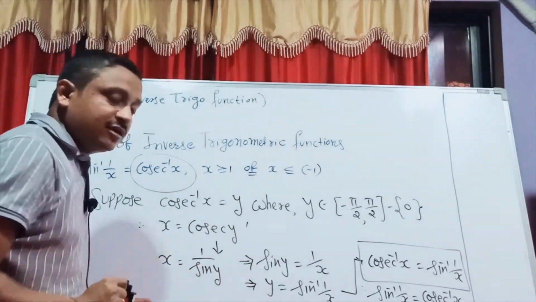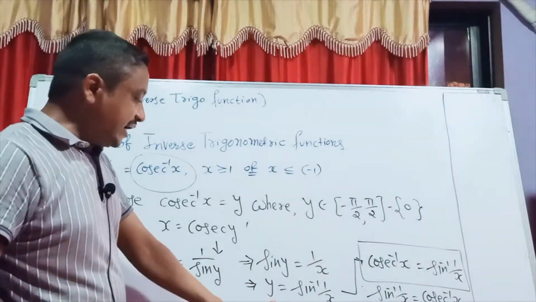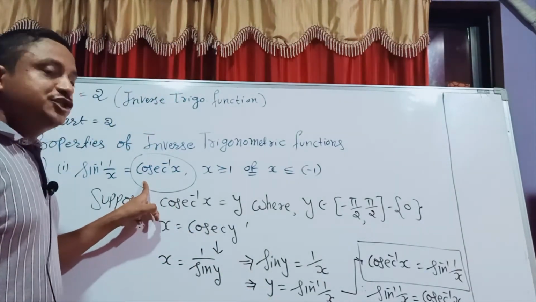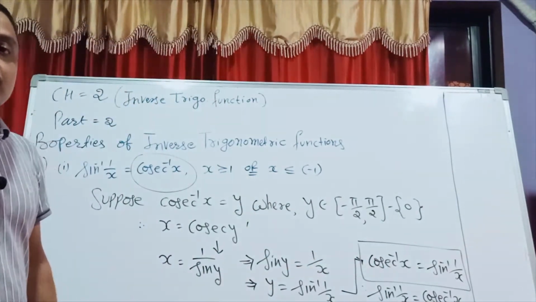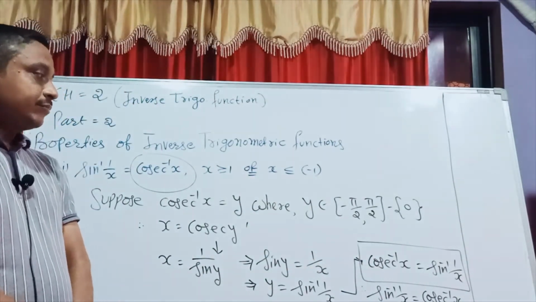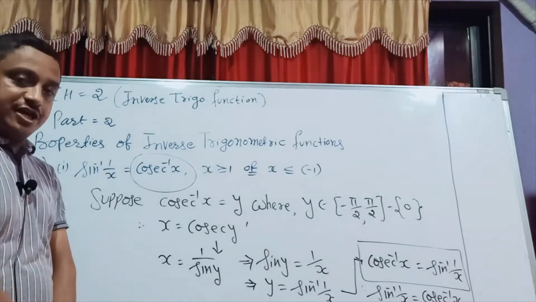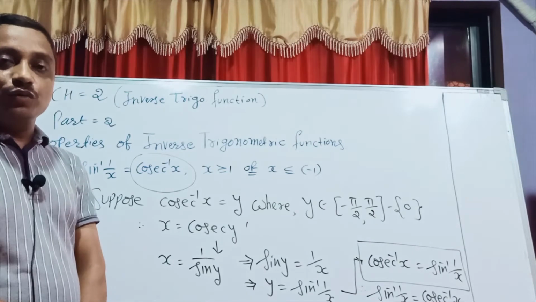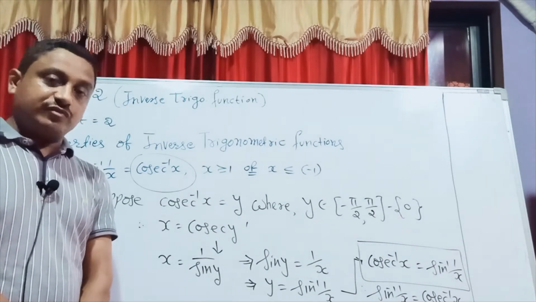So what is sine y? 1 by x. So y is equal to sine inverse 1 by x. Finally I put in the assumed value of y, and it is done. It's a very easy theorem. The first is done. Now I go to the second part of the first property.